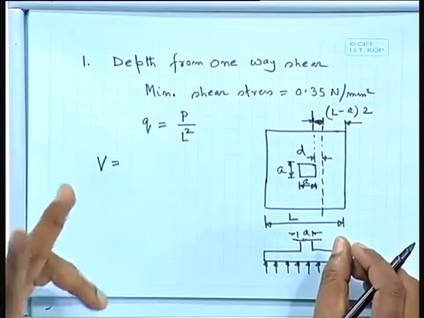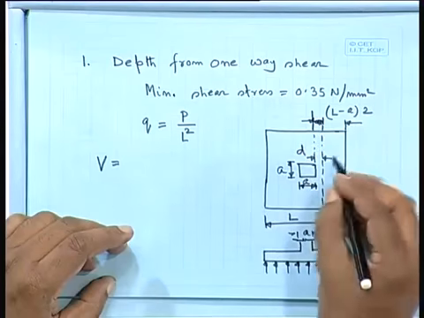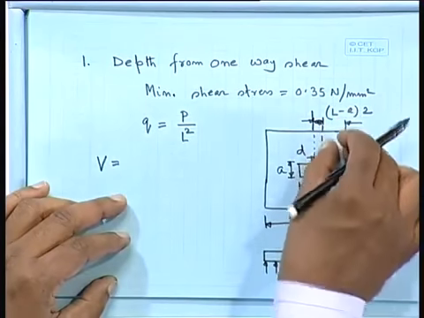There are two ways we can make it. One, we can take unit length, or the other alternative is that we can take the full length.